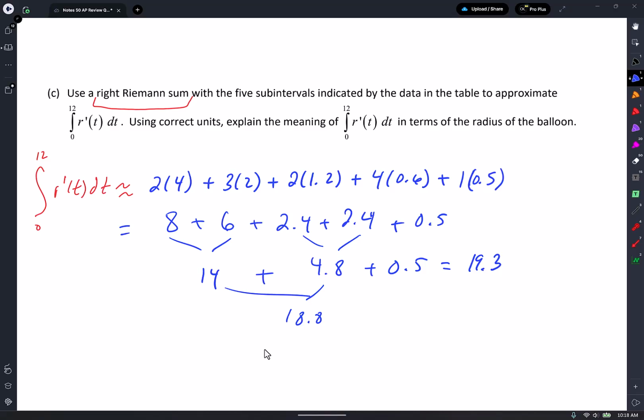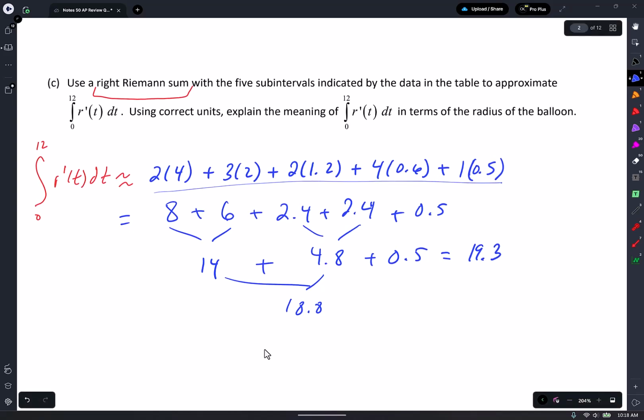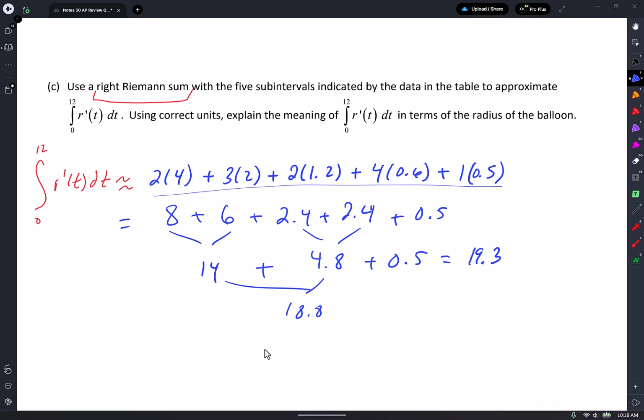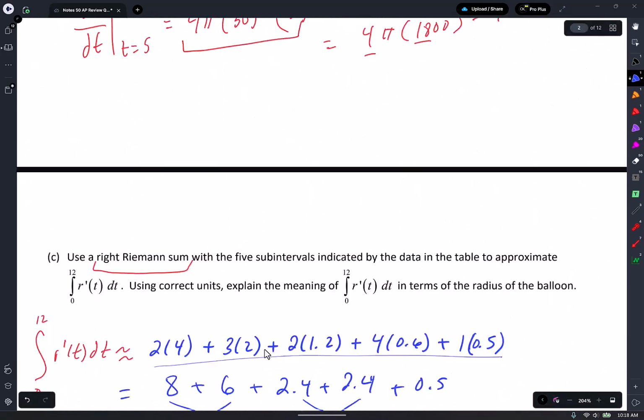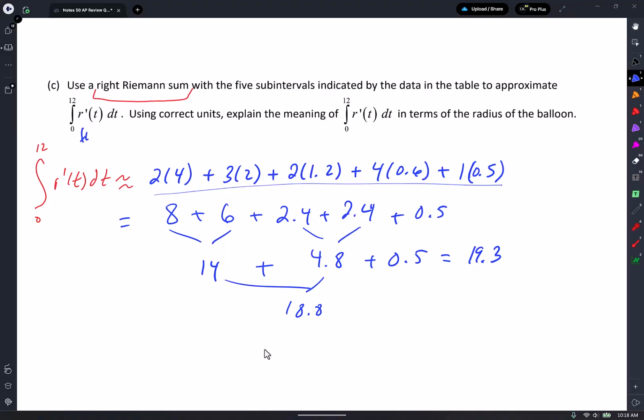I'm not teaching to the test, guys, but I know some of you get the point here, and I make mistakes like that too all the time. All right, units. R prime of t was in feet per minute, and t, no, be careful. This is area under the curve, feet per minute, and then I'm multiplying by minute, which is time in minutes.